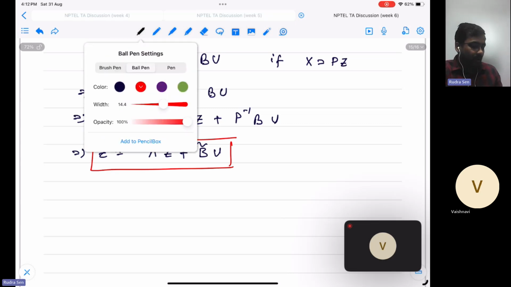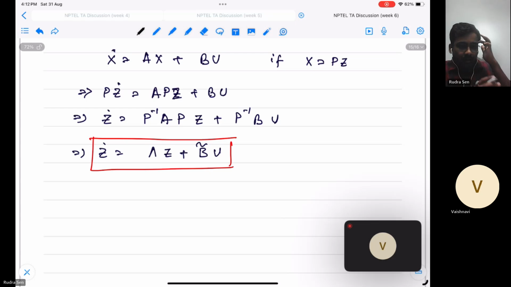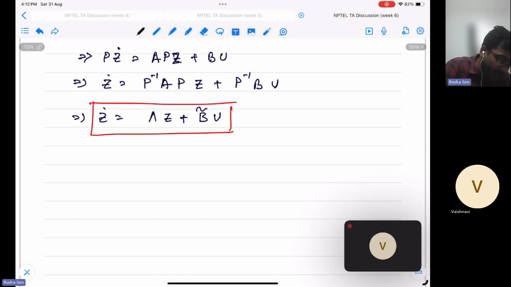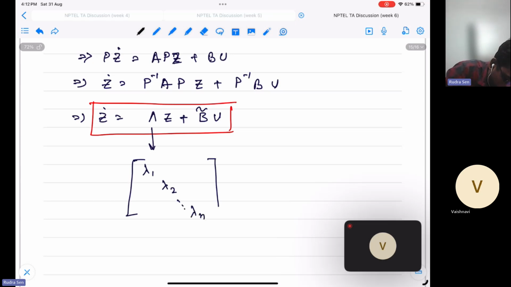Now, in Gilbert's method, what is this lambda? This lambda contains lambda 1, lambda 2, up to lambda n, if matrix A has distinct eigenvalues. Then lambda has this structure, where all the off-diagonal elements are zero.